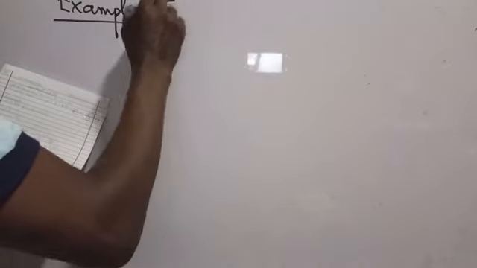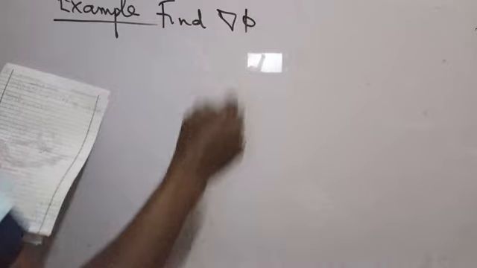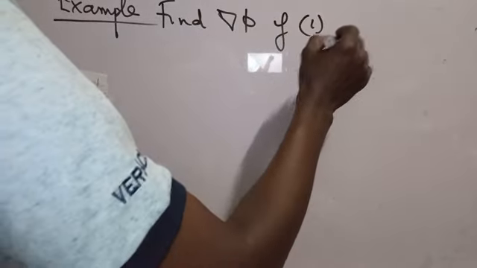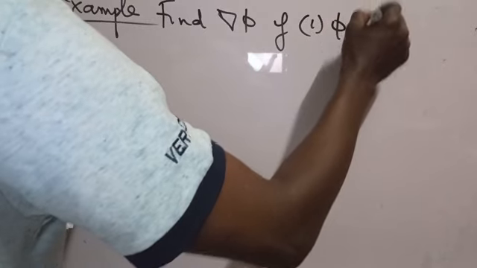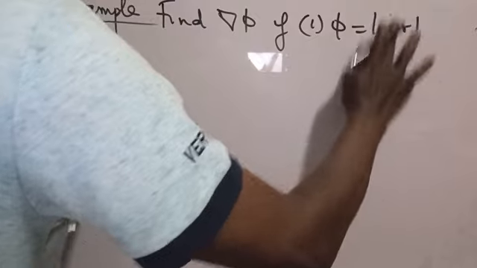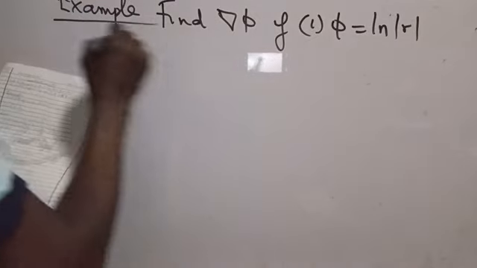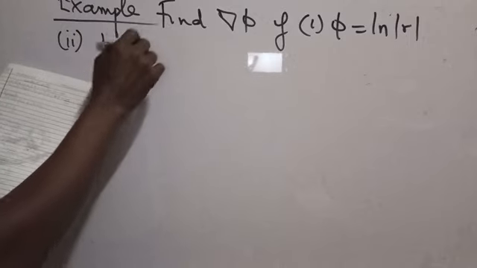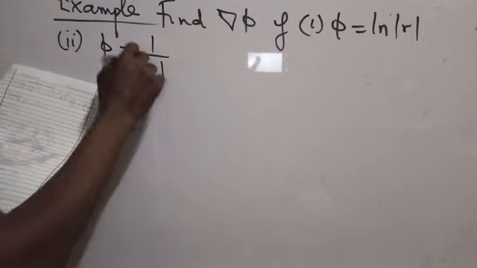Find the grad of phi if 1, phi is equal to ln the modulus of r; 2, phi is equal to 1 over modulus of r.